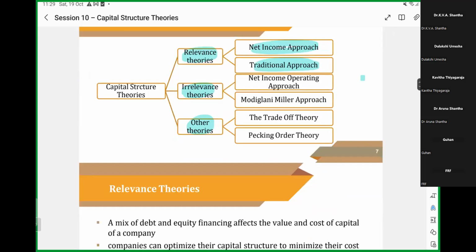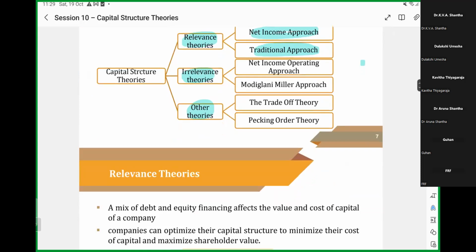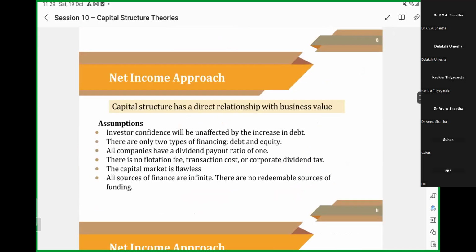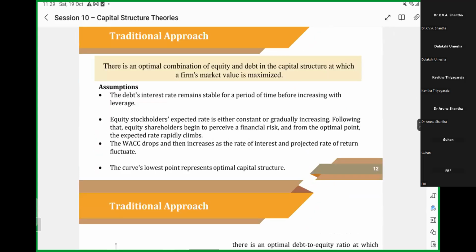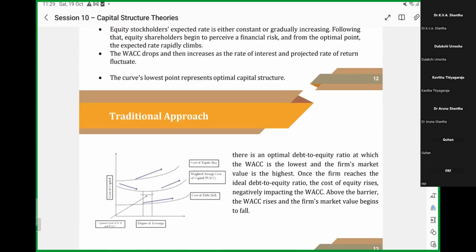These theories say capital structure affects the firm value. Capital structure affects the company's weighted average cost of capital, and thereby it affects the firm value.